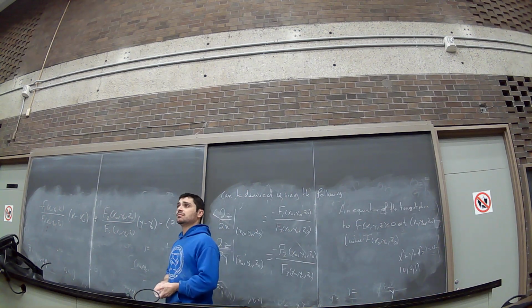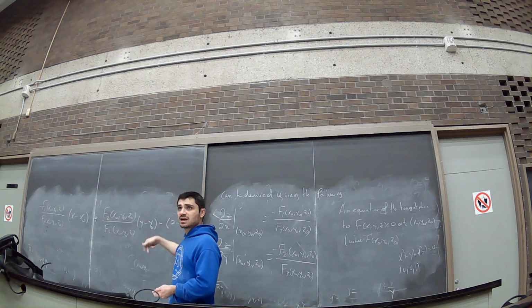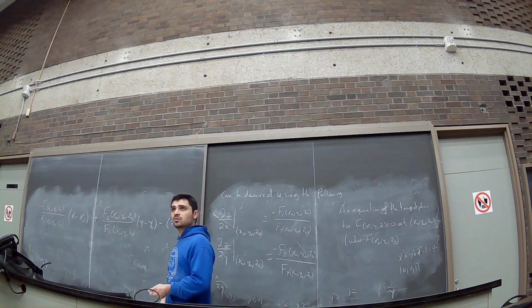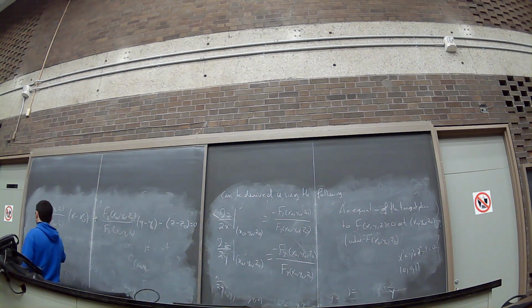Now, what do I do here? What can I do? Can I change my minus into plus? All the minuses, can I change them into plus? Yeah, I can change all the minuses into plus. And can I multiply everything by f3 at x0, y0, z0? Multiply everything by minus f3 at x0, y0, z0. What do you get?